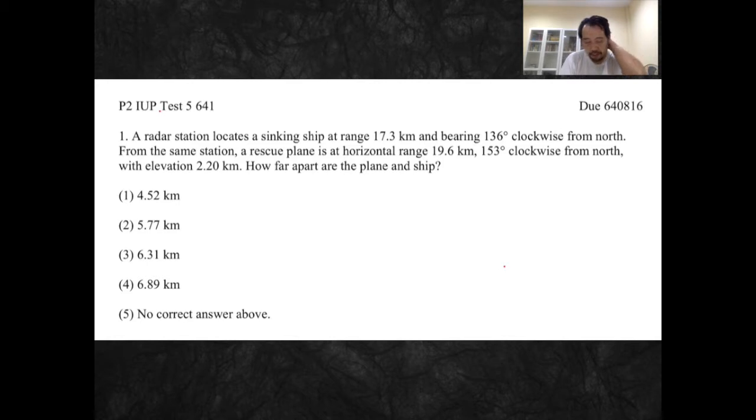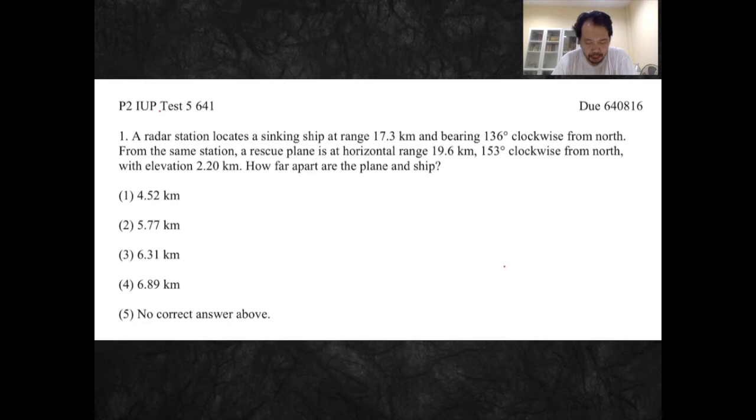Okay, in this problem, the question is that a radar station locates a sinking ship at length 17.3 km and bearing 136 degrees clockwise from north.